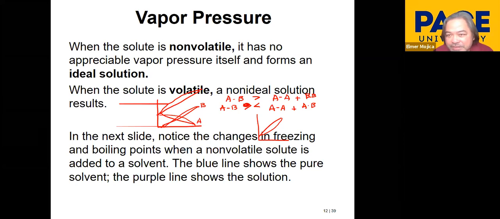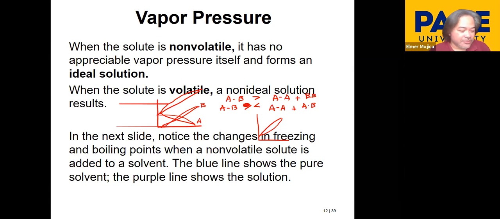So what happens sometimes if you mix two liquids, the resulting boiling point is much lower, okay, compared to the boiling point of each of them. So it's much easier for them to collect at a much lower temperature. So that's the application of having this vapor pressure lowering.